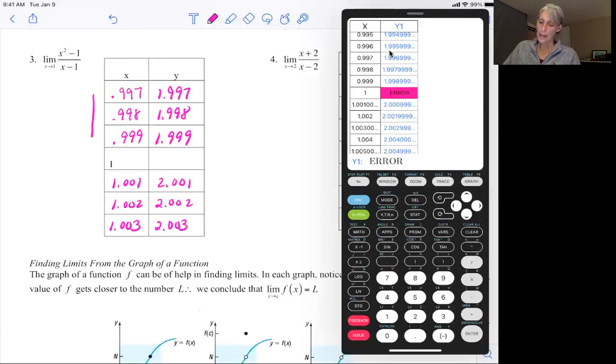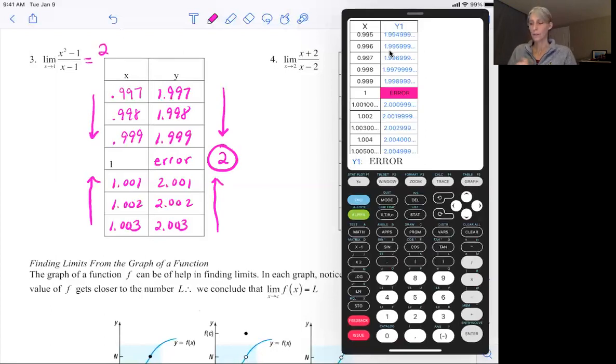So as I plug in x values that get closer to 1, my y values are getting closer to 2. But this time, what happens when I plug in 1? I don't get an answer. I still get a limit though, right?